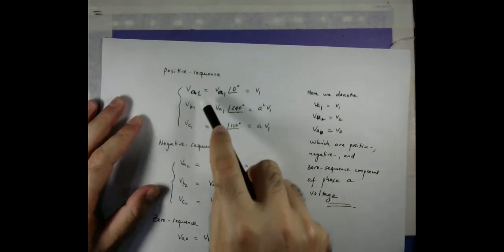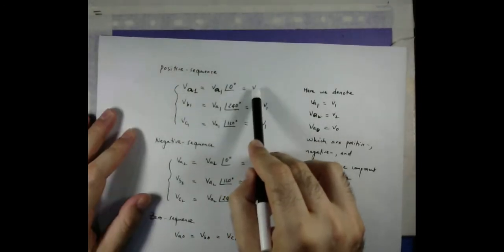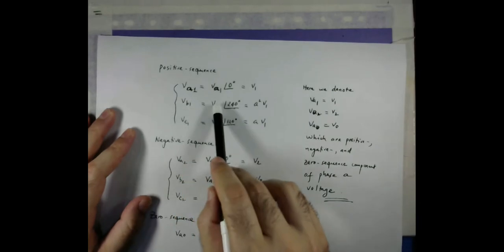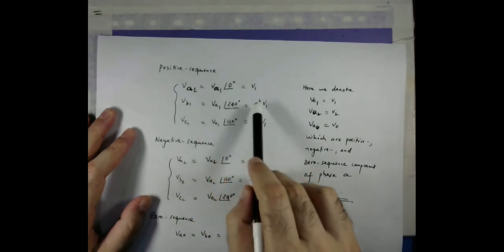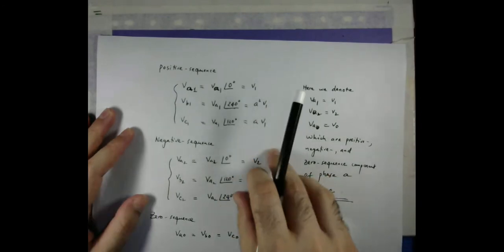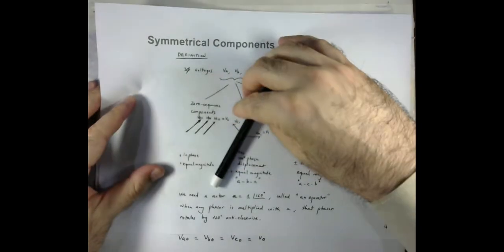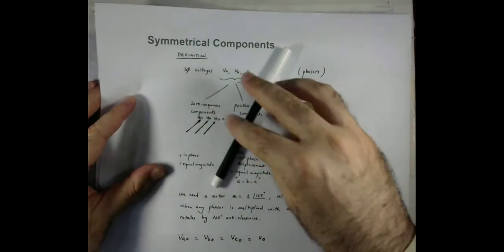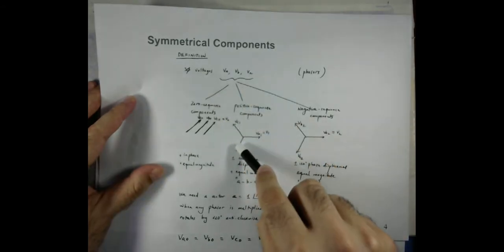So now, let's say VA1, which is this quantity, we call it V1. Then VB1 will be equal to VA1 multiplied with A square, because VB1 has equal magnitude but is phase shifted by an angle of 240 in the anti-clockwise direction.